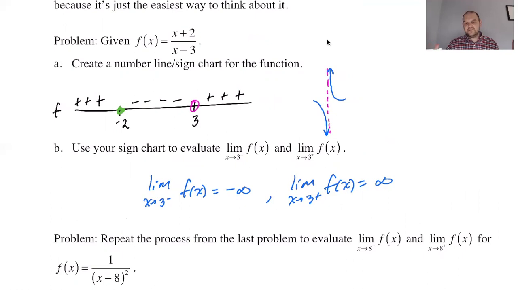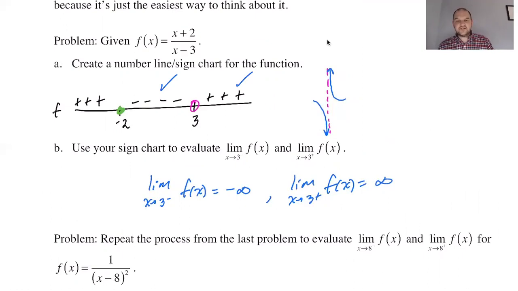That's an infinite discontinuity. I know that because it's a 0 of the denominator. So I know going in that I'm going to say infinity or negative infinity, but I don't know which. Then when I look at the values on the sign chart, the negatives over here mean that I'm diving down to negative infinity as I approach from that direction. The positives over here mean I'm going up to positive infinity as I approach from that direction.